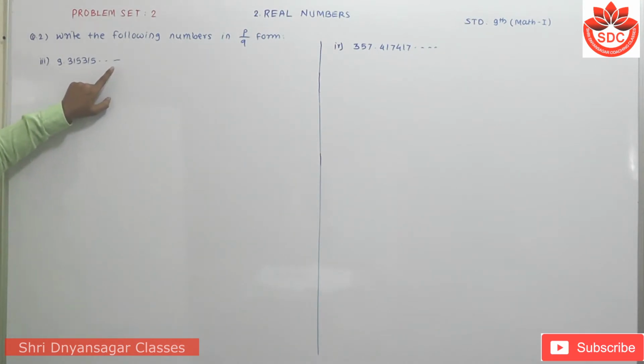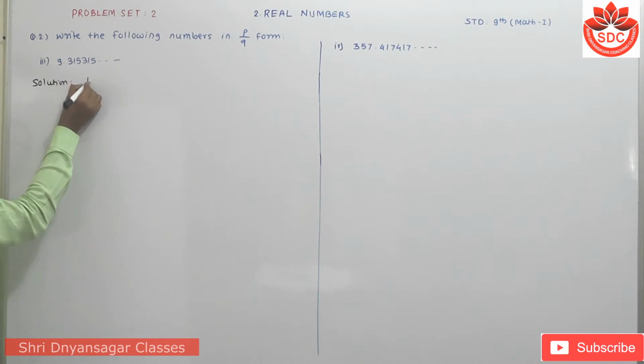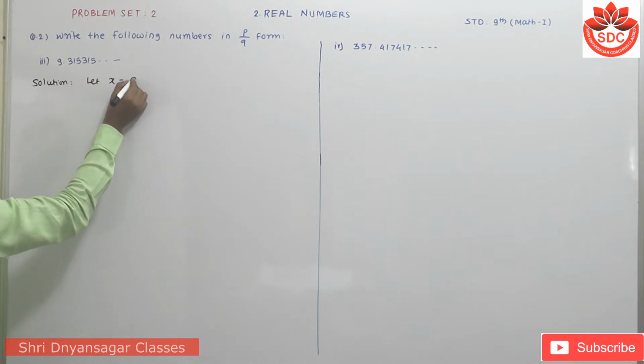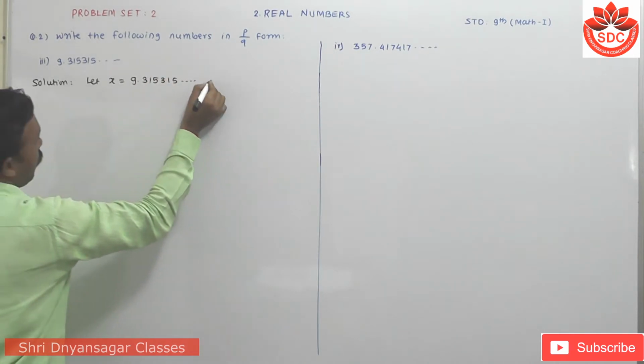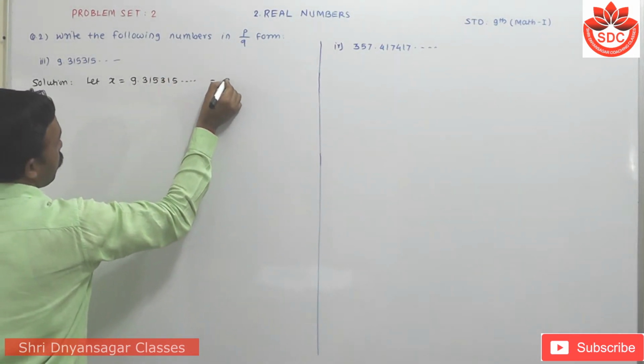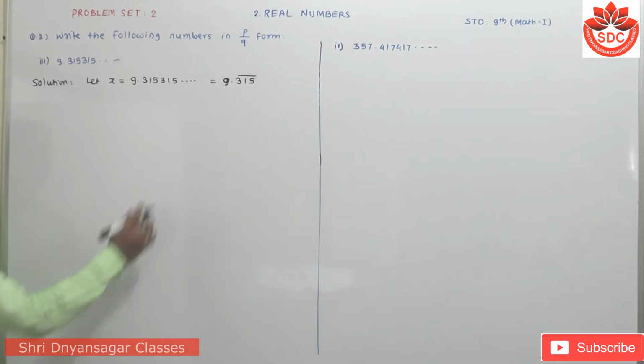9.315315, where 315 is recurring here. So the answer is, let x be equal to 9.315315 recurring, that is x equals 9.315 recurring.